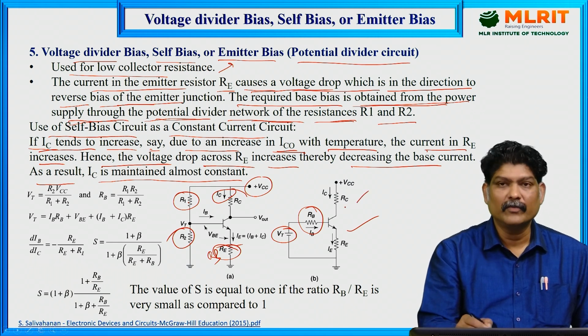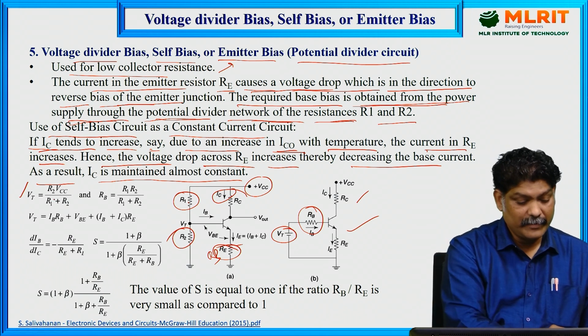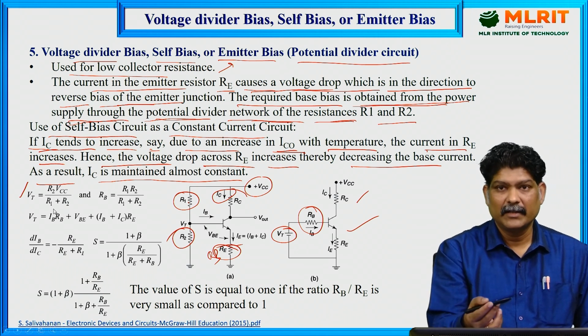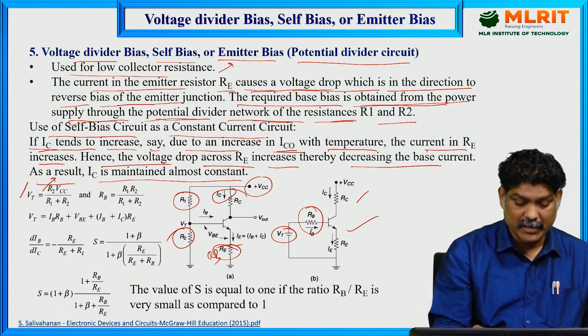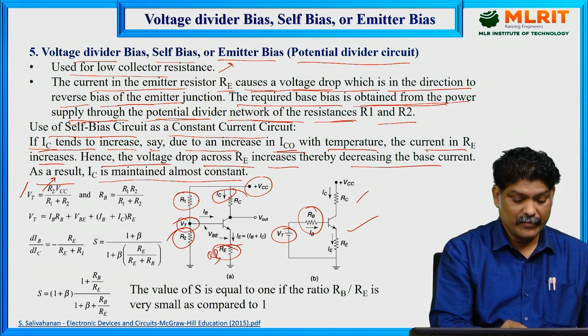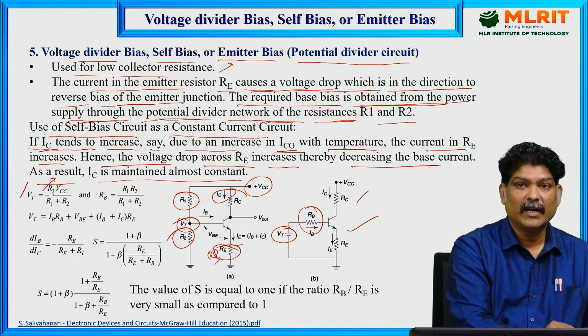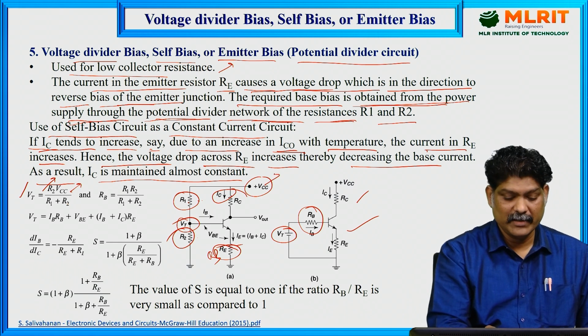The Thevenin voltage is given by the opposite resistance R2 by the total resistance, into the input voltage VCC.